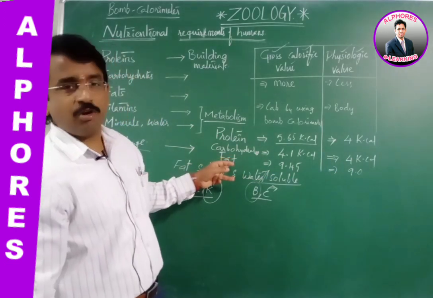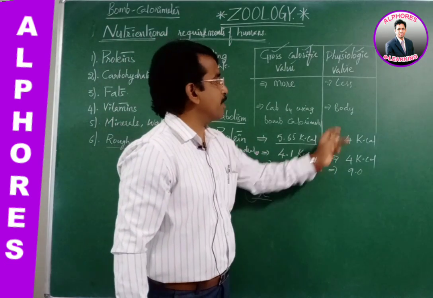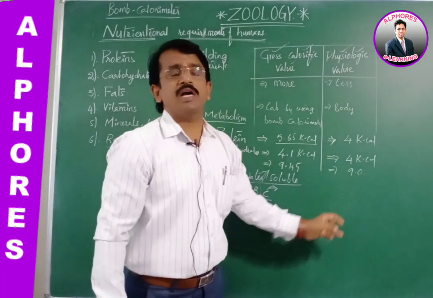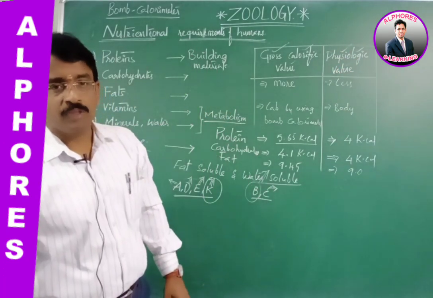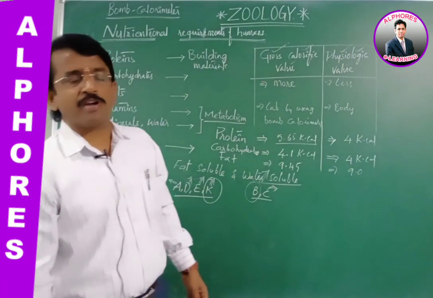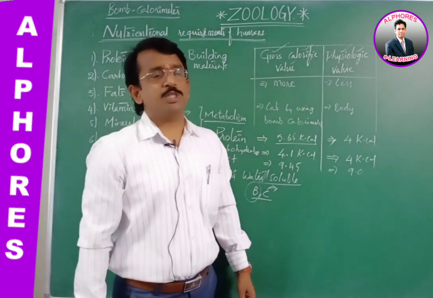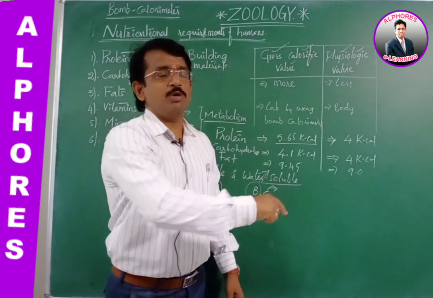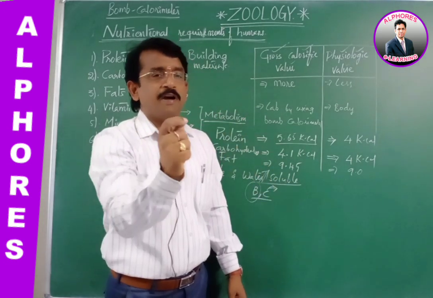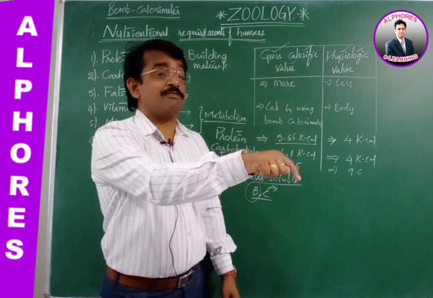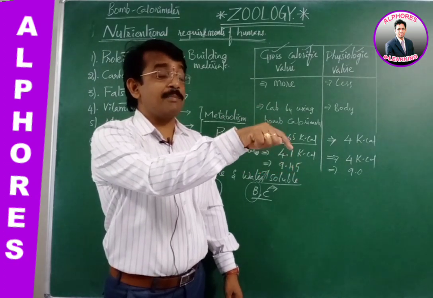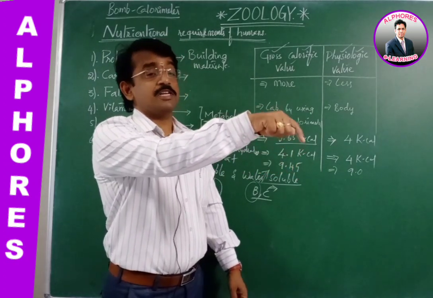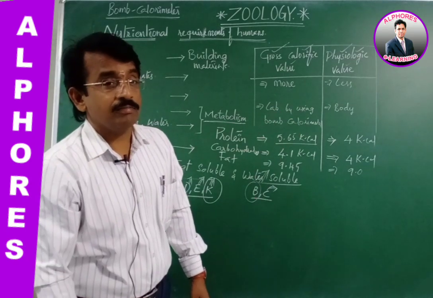Fat gross calorific value 9.45, whereas physiologic value 9 kilocalories. Questions can be expected in this. Suppose I say the physiologic value of 1 gram of fat is more than that of 1 gram of a protein and the carbohydrate. Is it right or not?